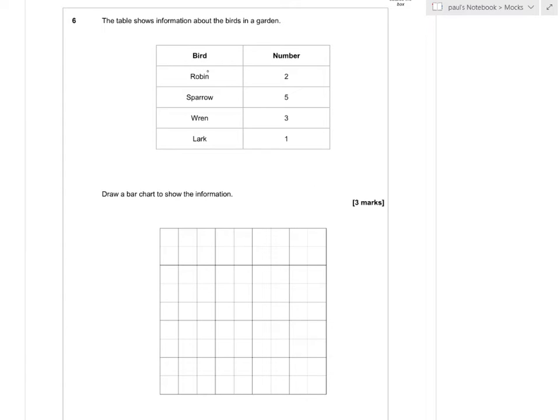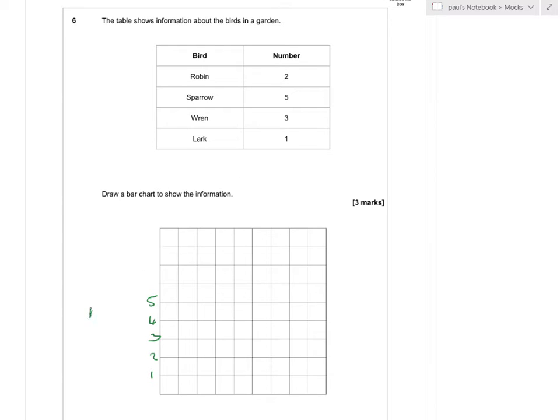The information about birds in the gardens. Draw a bar chart to show the information. So we've got 1, 2, 3, 4, 5. Could I have gone 2, 4, 6, 8? 1, 2, 3, 4. Wouldn't have got that in.